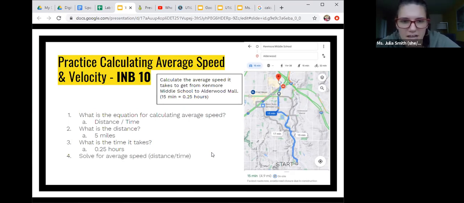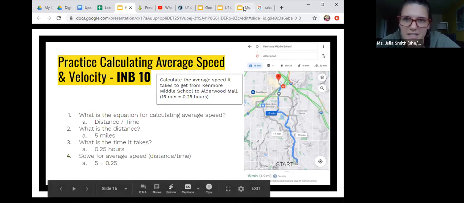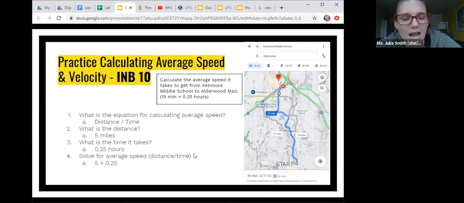We're going to solve for the average speed, distance divided by time. 5 divided by 0.25 is 20. So that means 20 miles per hour is our average speed. If it takes 15 minutes to get to the Alderwood Mall, you're going about 20 miles an hour.